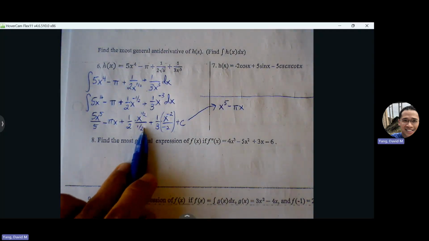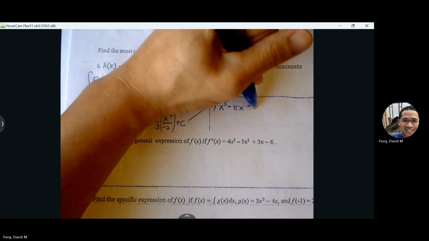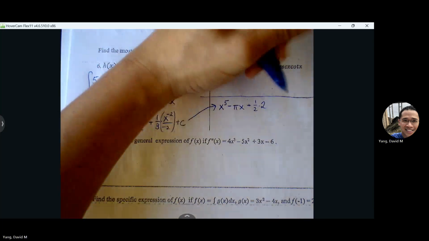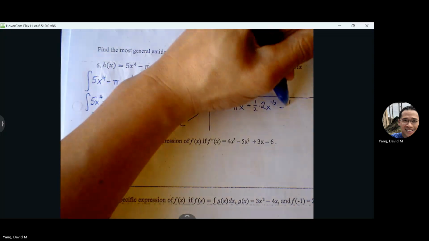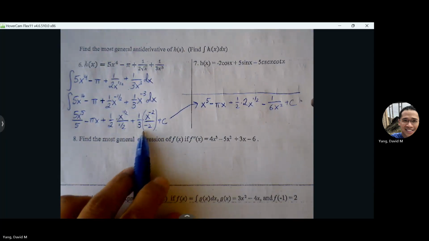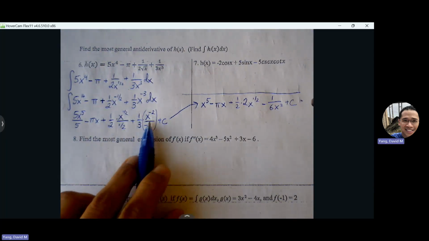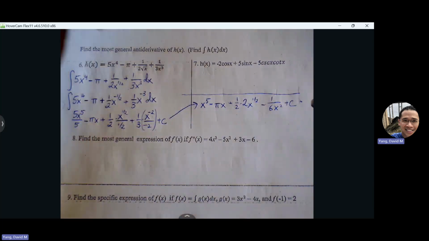Dividing by 1/2 is the same thing as multiplying by 2. Three and -2 is -6. I'm going to drag the x squared below.